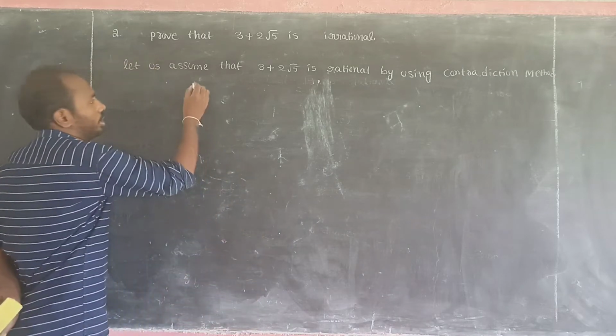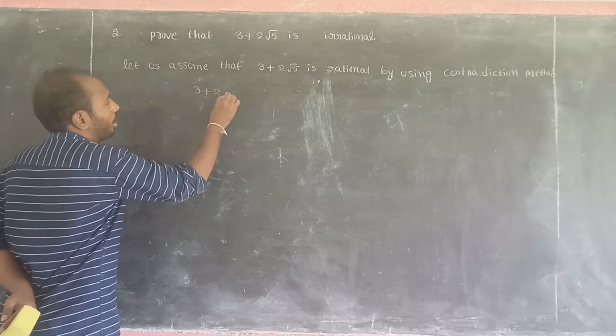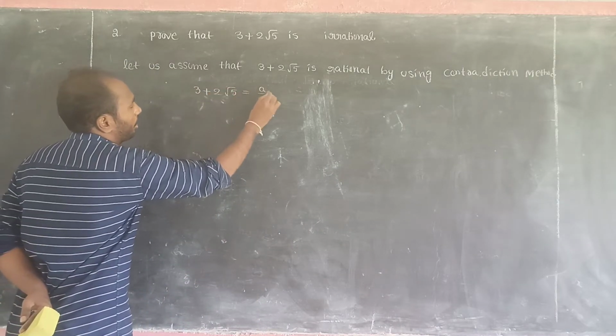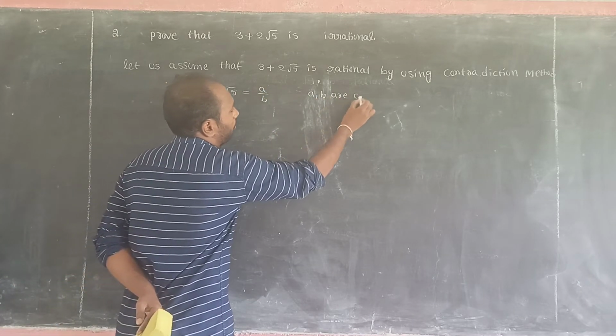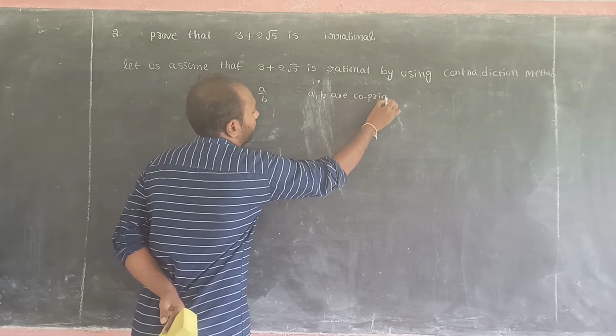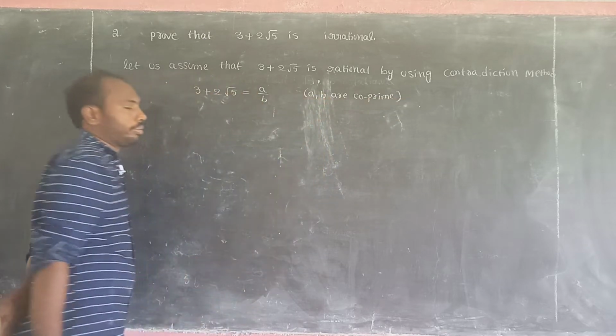So therefore 3 plus 2 root 5 is equal to a by b, where a, b are co-prime.